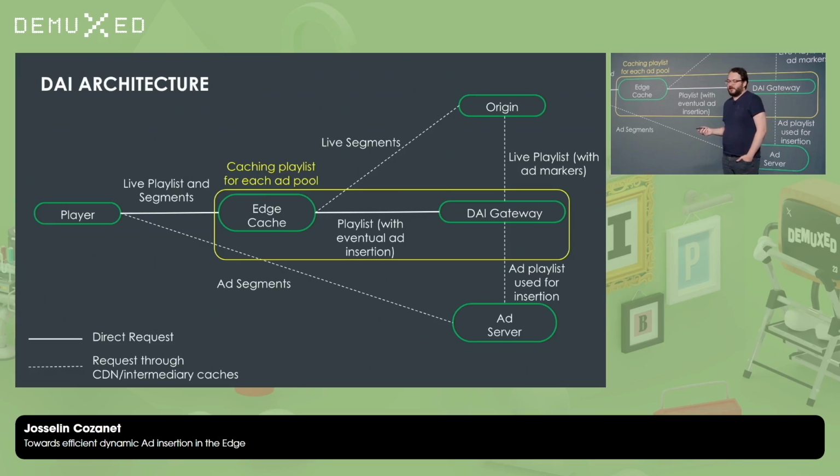If we generate, for example, a single playlist for every single user, there will be a lot of requests made here and not a lot of caching done on the actual edge cache for the playlist, at least. So what preselecting the ad pool at the edge cache level achieves is that we can influence the cache key here in order to cache more efficiently the playlists generated for each ad pool, since we basically want only one singular playlist for a fixed moment t to be generated for a fixed ad pool.